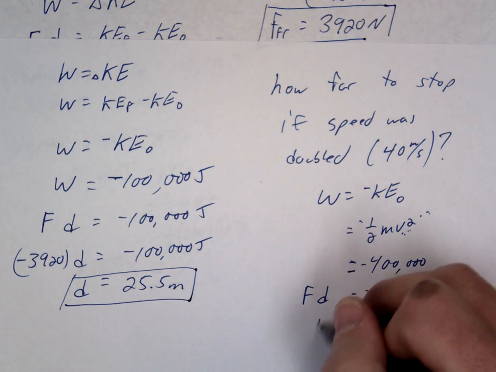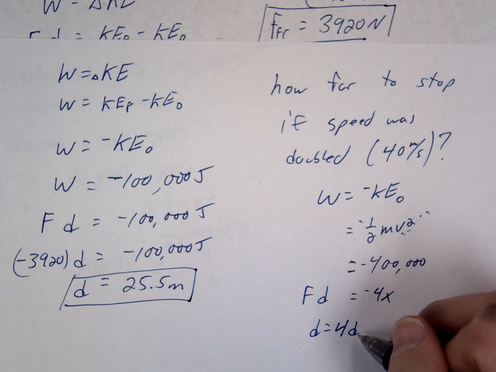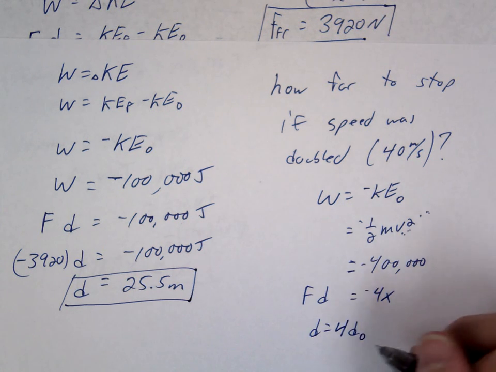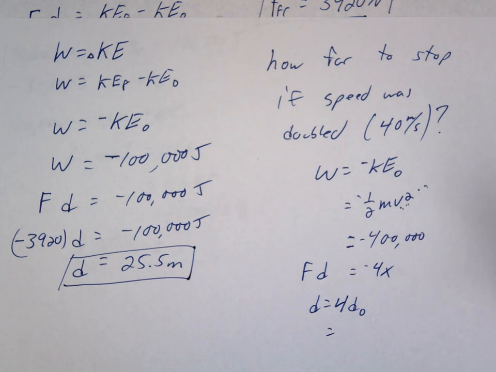So D would have to equal 4 times whatever our D was before. So about 102. Notice when you're driving, if you double your speed, it would take you 4 times the distance to brake, just by doubling the speed.